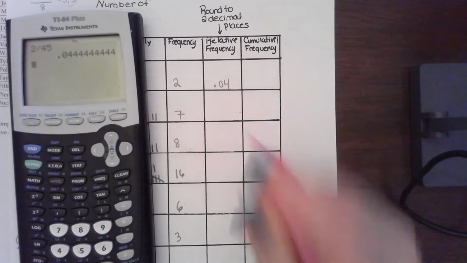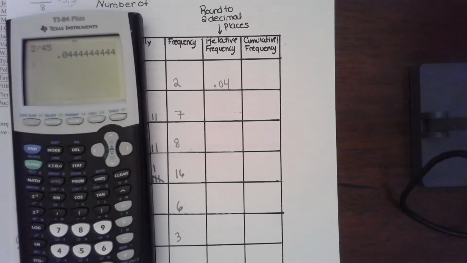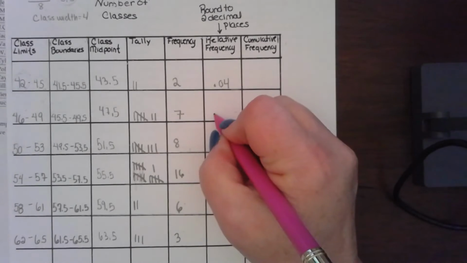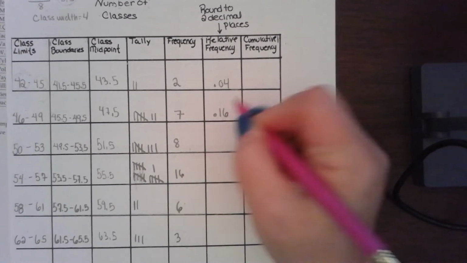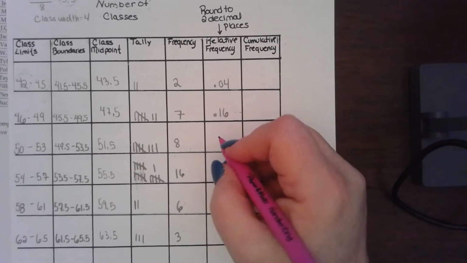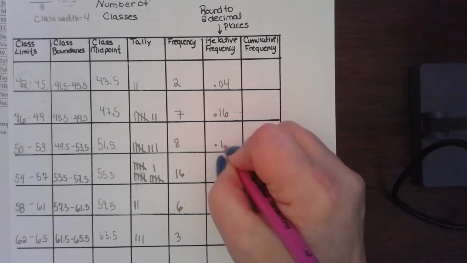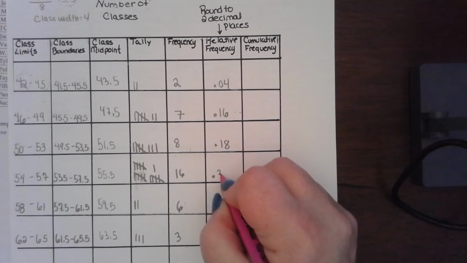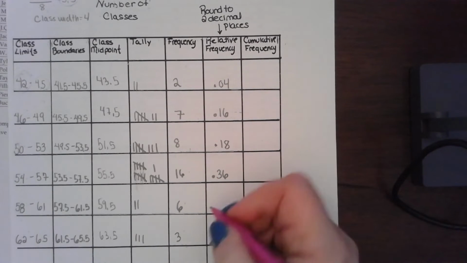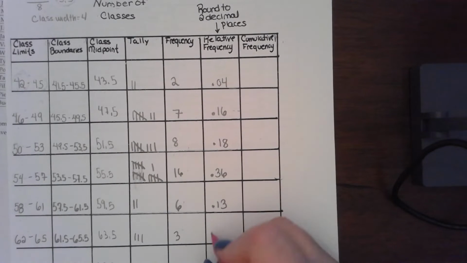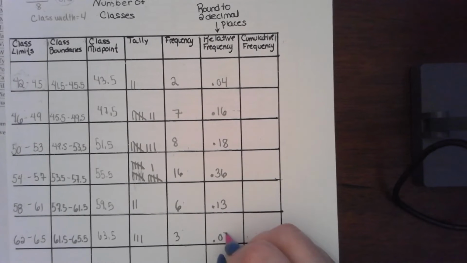I'm only carrying it to 2 decimal places. 7 divided by 45 gives me 16%. I'm rounding it to 2 decimal places. 8 divided by 45 is 18%. 16 is 36%. 6 is 13%. 3 is 7%.